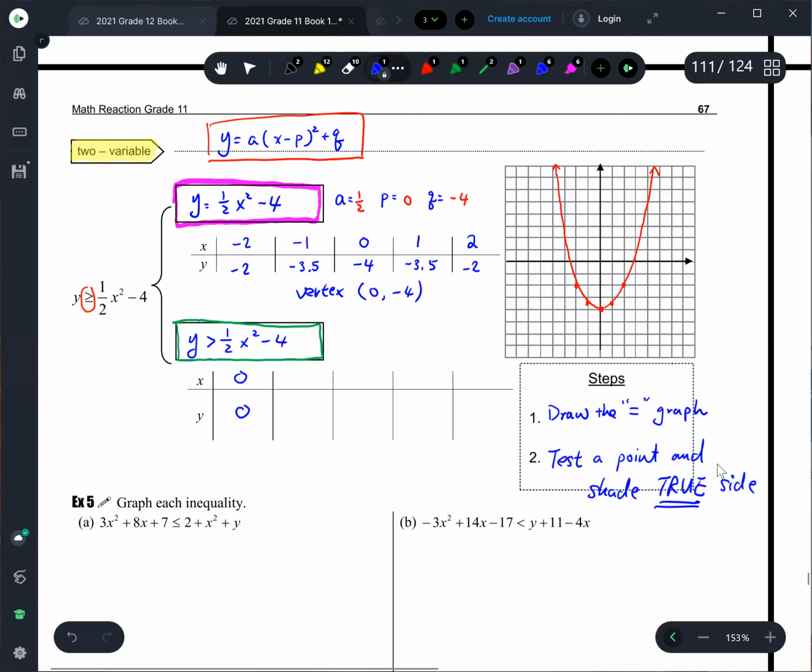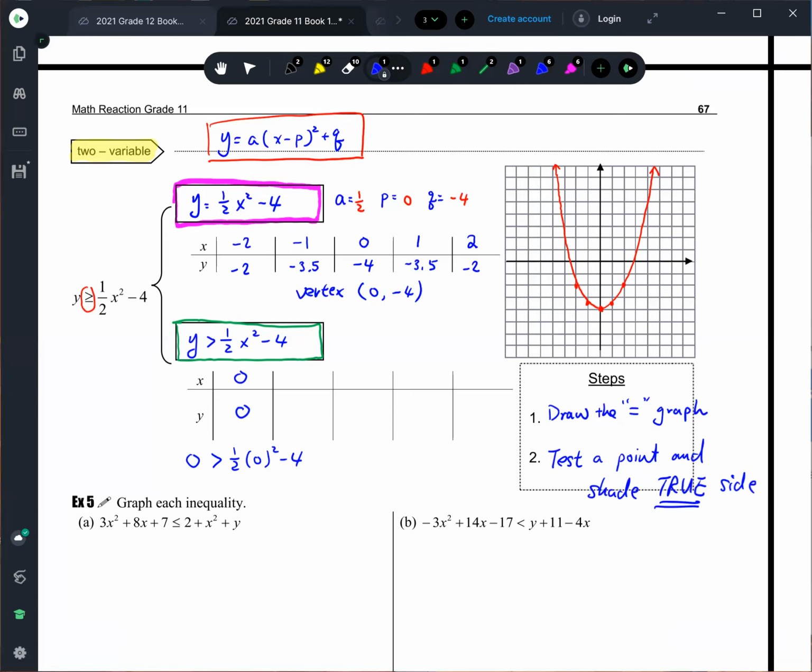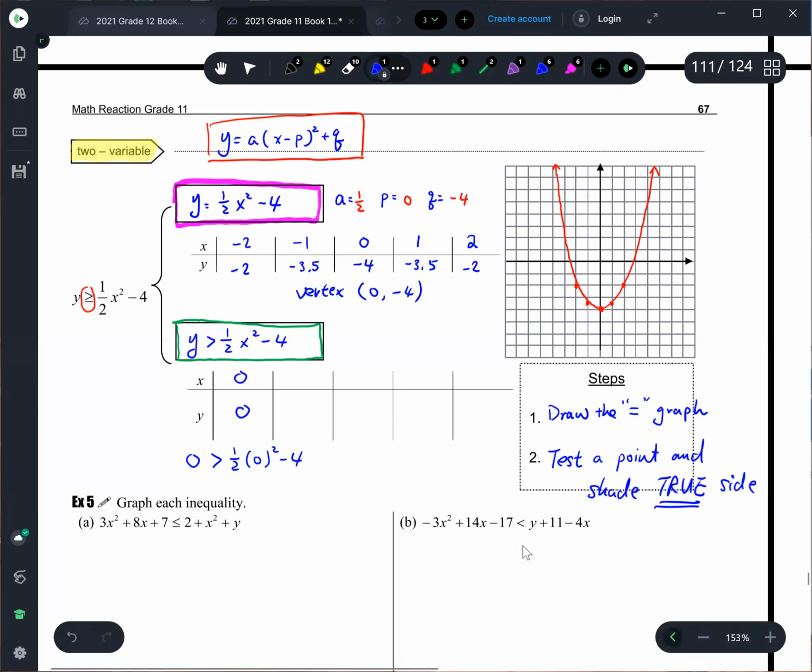So plug in 0 greater than half times 0 squared minus 4. You decide whether it's true or false, and please do the shading by yourself. Once you're done with the shading, please raise your hand. We'll check if you shaded the right place, all right?